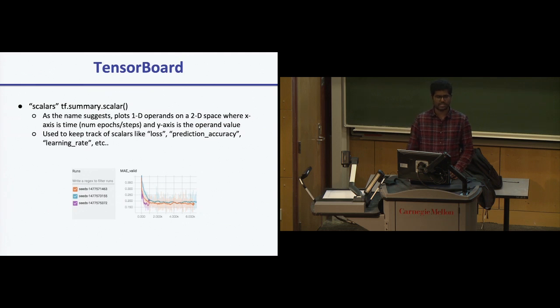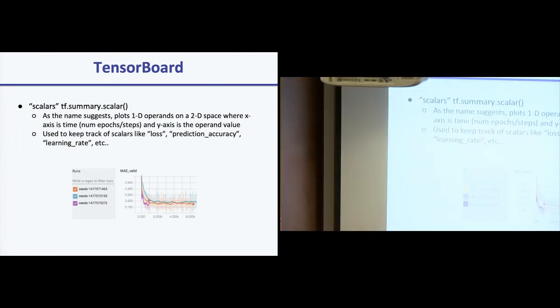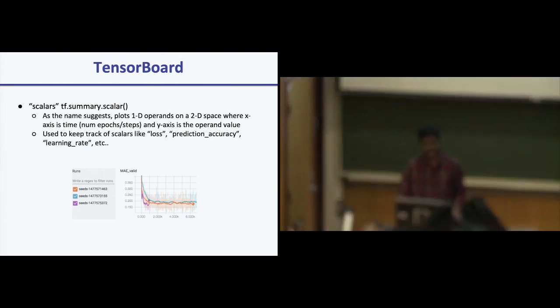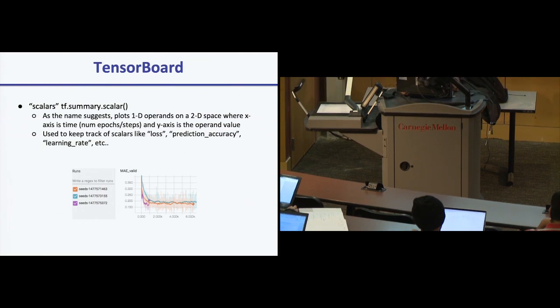So let's discuss a few things that you would want to use from TensorBoard or TensorBoardX for the homeworks in this class. The first thing would be scalar logging. In TensorFlow, you log it using the tf.summary.scalar function, whereas for PyTorch or TensorBoardX, you would want to use the SummaryWriter.add_scalar function. What it basically does is plot a 2D plot where the x-axis is your time axis, or the number of epochs that you have run your model for, and the y-axis tells you the value of your particular operand that you have passed to the summary writer.